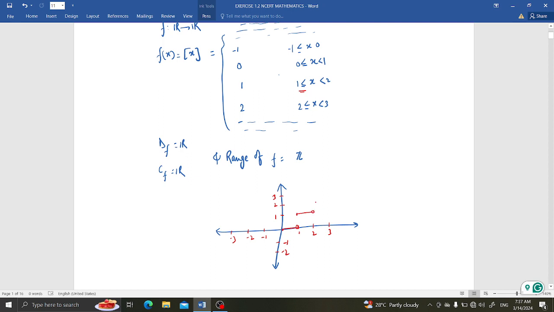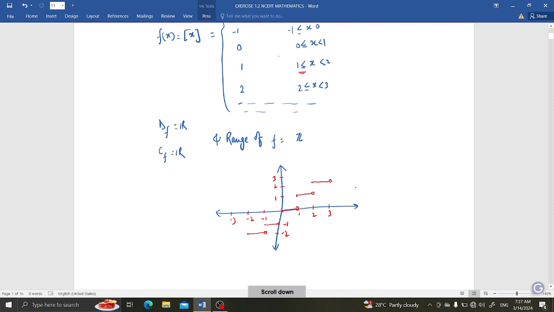At 2 we have the value 2, like that. Between -1 and 0, it will always provide the value -1, and at 0 we have 0. Like that we draw this graph. We observe that all the elements between 0 and 1 provide the same value, 0. All the elements between 1 and 2 provide the same value, that is 1.